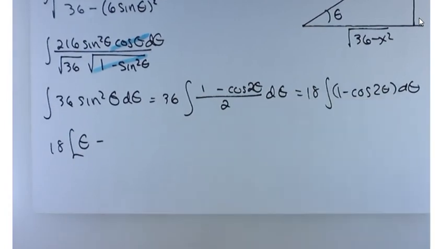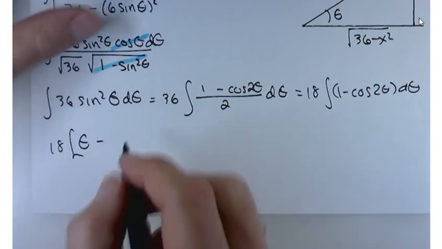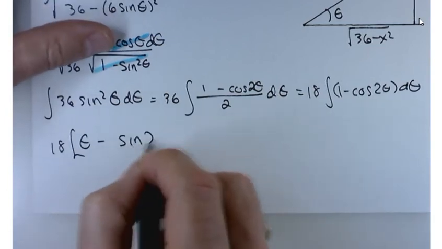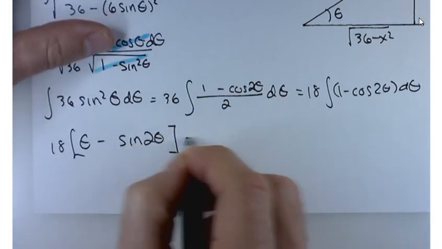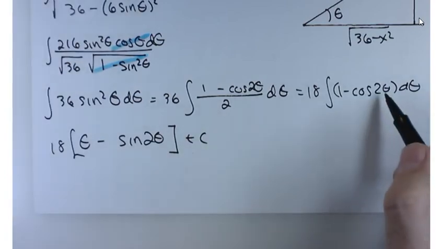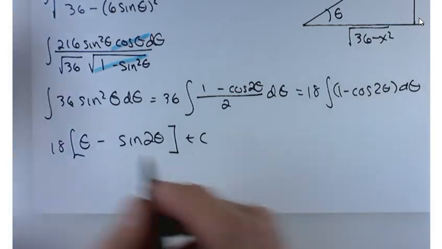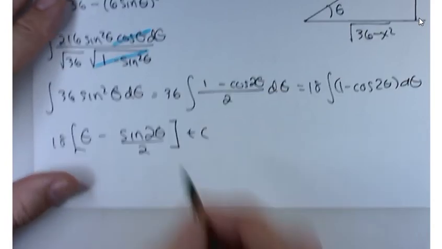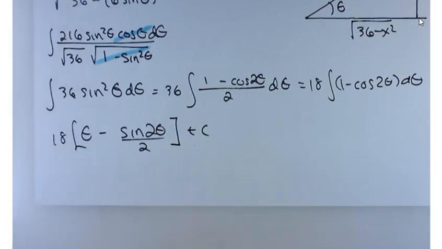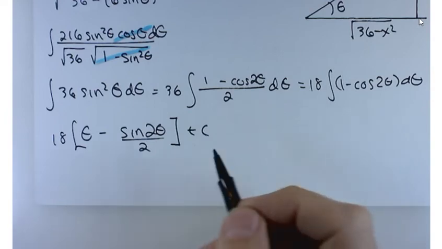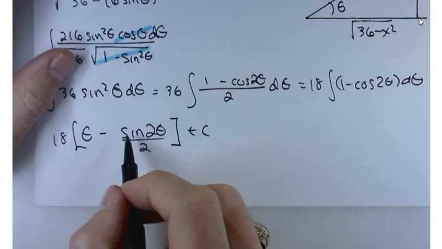I reminded you that for sine of 2 theta, there's a double angle formula, so that's 2 sine of theta cosine of theta. That's your double angle formula. And very nicely and neatly, the 2's cancel out. 18 of theta minus sine of theta cosine of theta plus a constant.